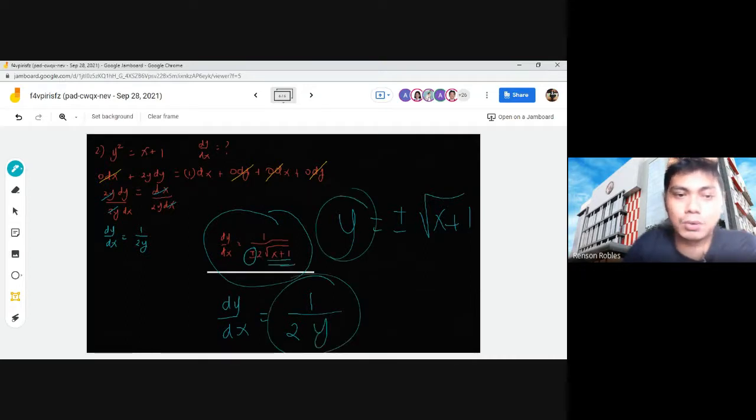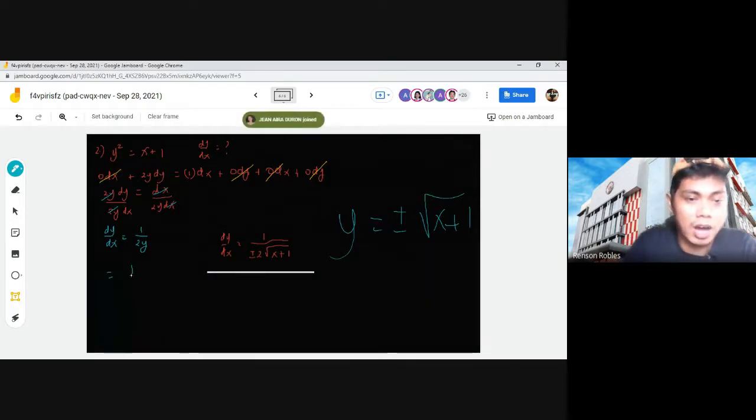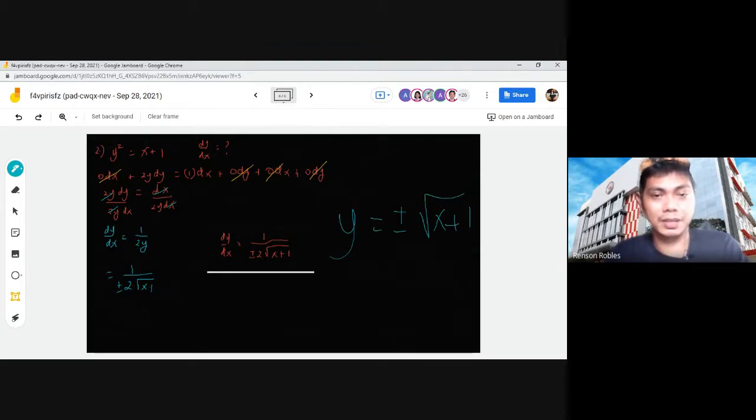So 1 over 2y, yun na yun. Right? Or, ito naman yung gagalawin nyo. So you have 1 all over 2. What is y? Plus minus the square root of x plus 1. And then, ito na siya. Okay? So it's up to you kung anong gamitin nyo. Whether implicit or explicit, it's up to you. Okay? That's one of the ways on how to employ implicit differentiation.